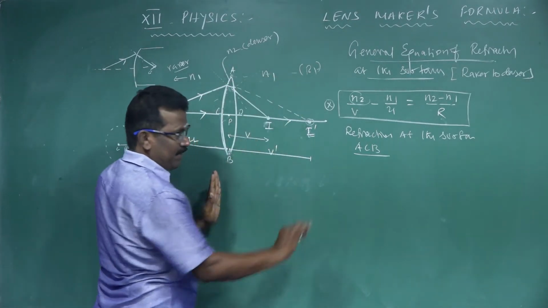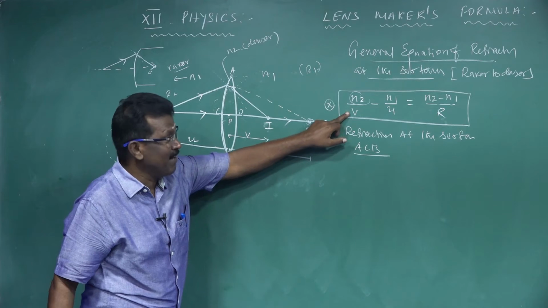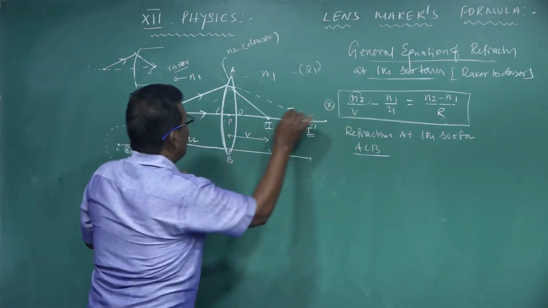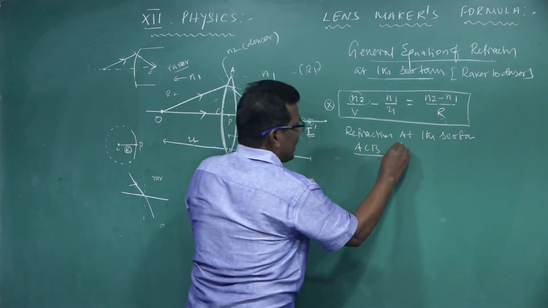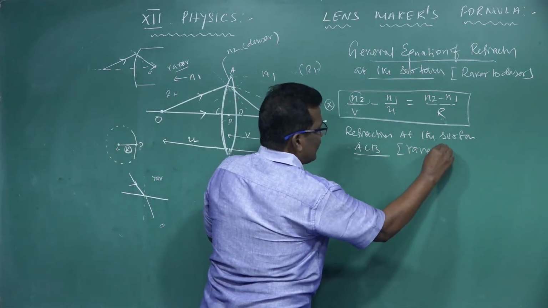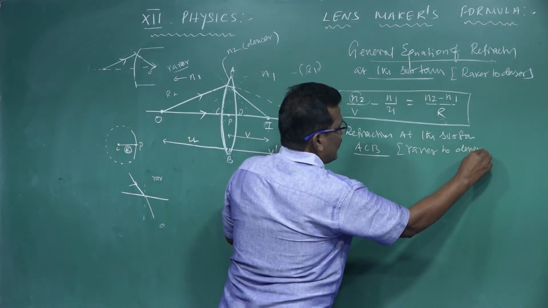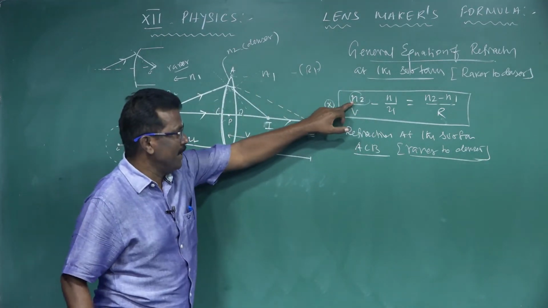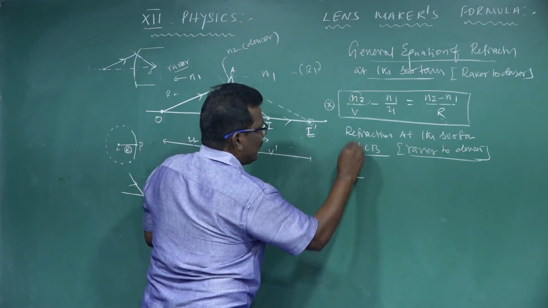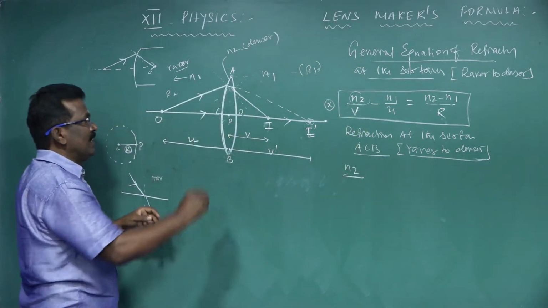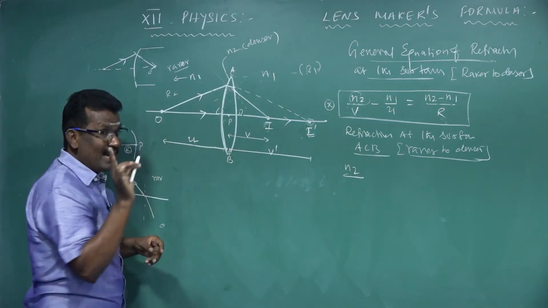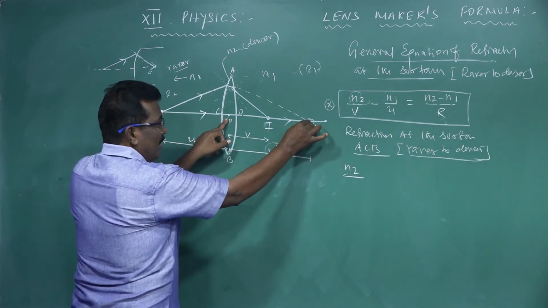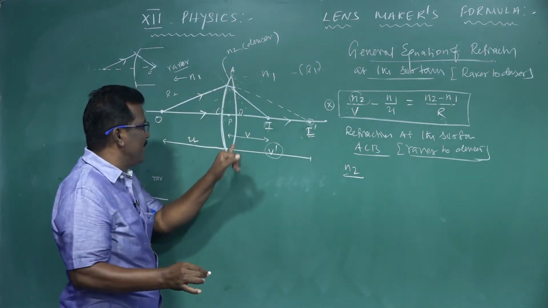Light is coming from rarer to denser, so the same formula applies. N2 by V prime minus N1 by U. V prime is the image distance, because the image is formed at I prime if ADB is not there.